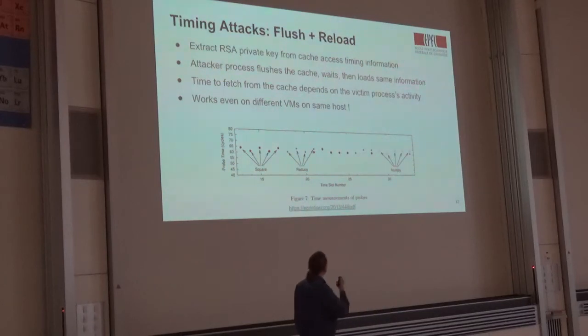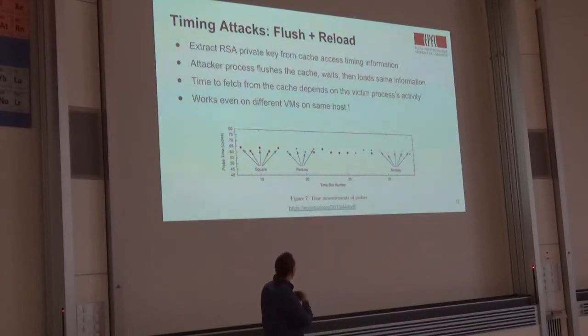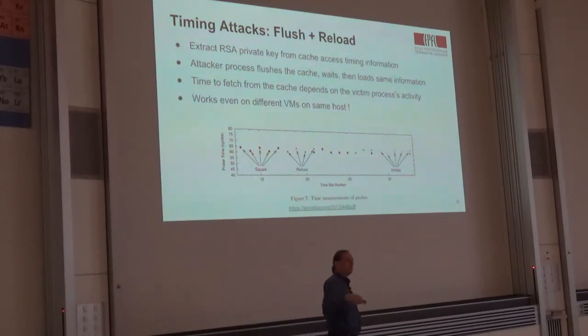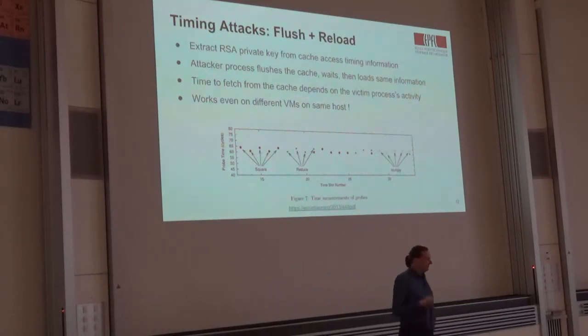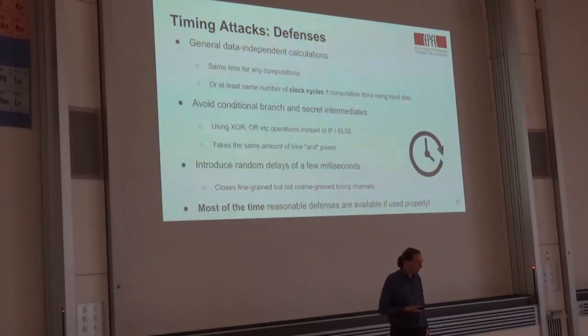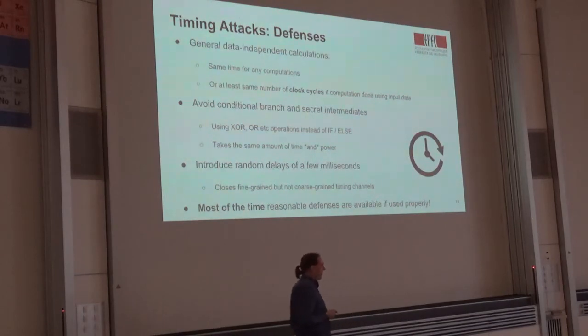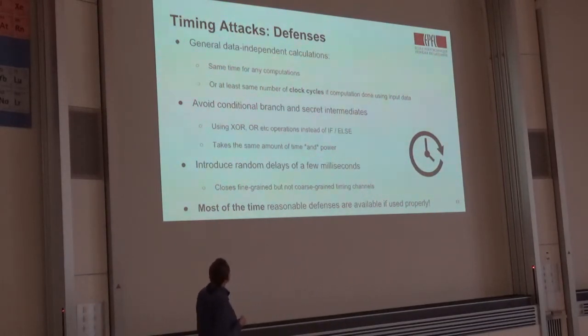And so even just using a cache flush and reload observation to monitor how quickly or slowly some victim code, say RSA code, proceeds in its known code path can quickly reveal the private keys. Okay, so what can we do about these?